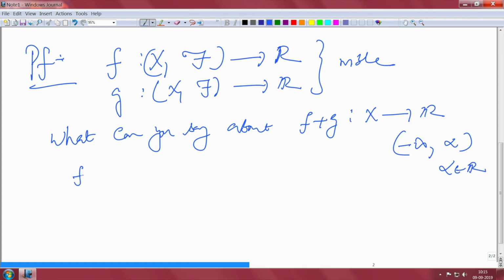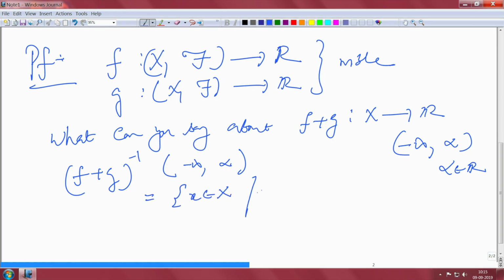So, you look at f plus g and look at the inverse image of this set minus infinity to alpha, where alpha is a real number. Well, what is this? This is all those points in X such that f plus g at x, that is f of x plus g of x, belongs to this set, which is the same as saying this is less than alpha, correct.